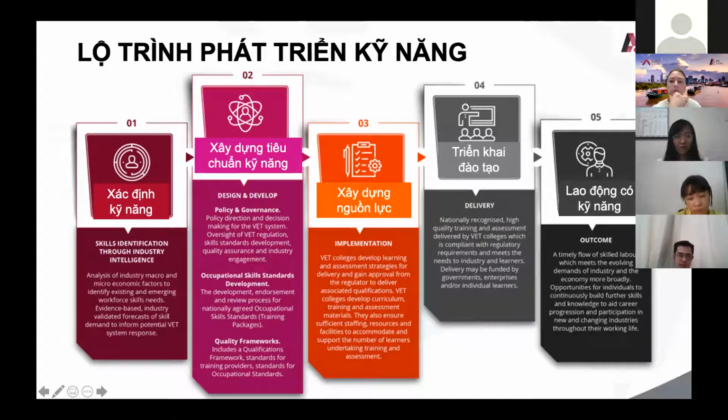So we have nationally recognised, high quality training and assessment delivered by VET colleges, compliant with the regulatory environment. Well, we designed that because we're responding to identified need. So this is an important understanding of what we call the skills development pipeline. This is essentially the essence of our skills development structure in Australia.